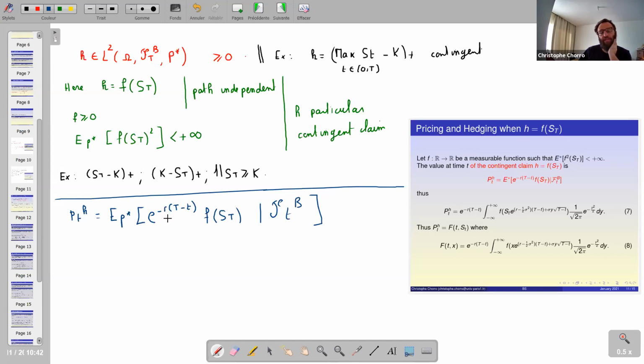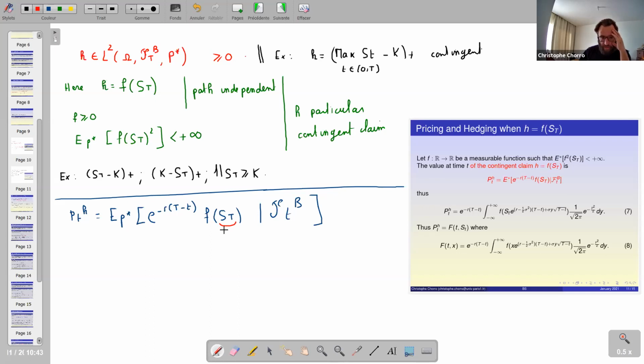What is nice is that since H has this very particular form, we are going, as usual, to decompose S capital T into a part that is measurable with respect to F_t and a part that is independent.